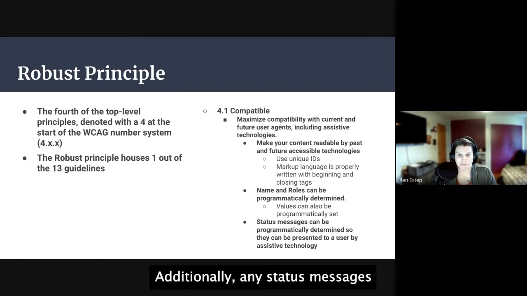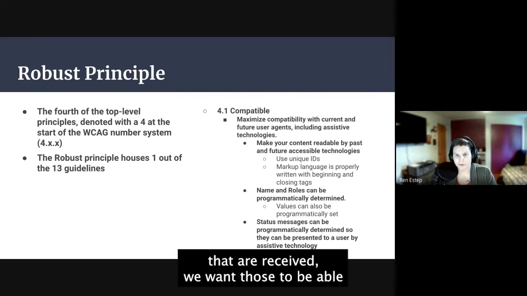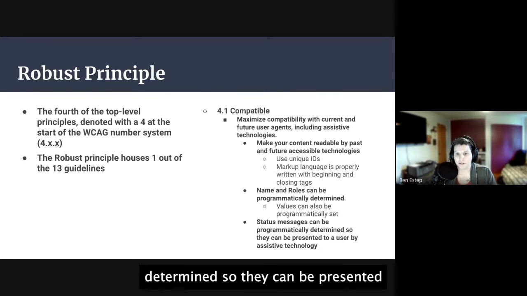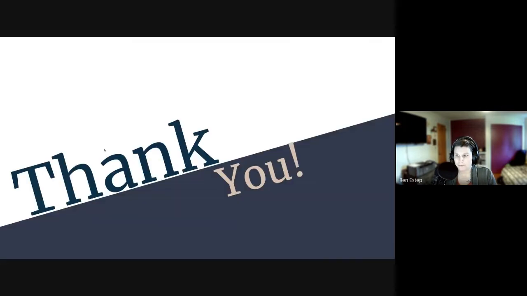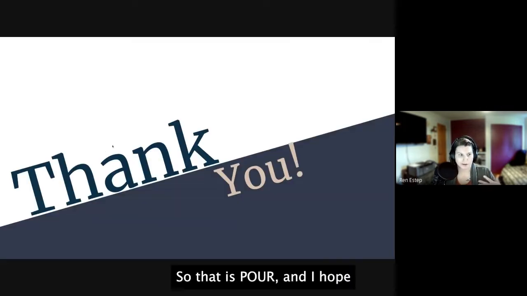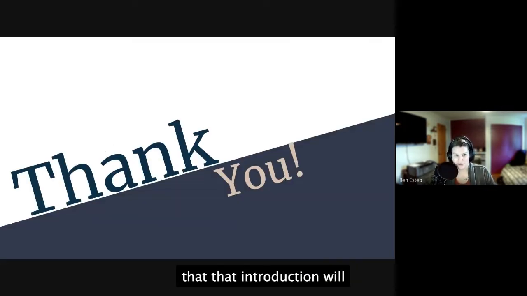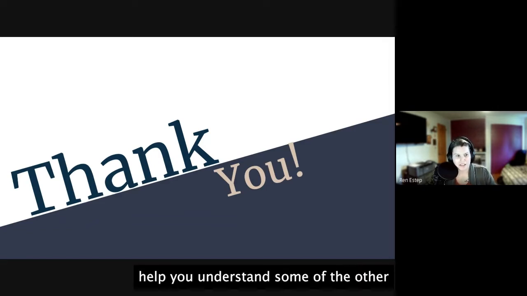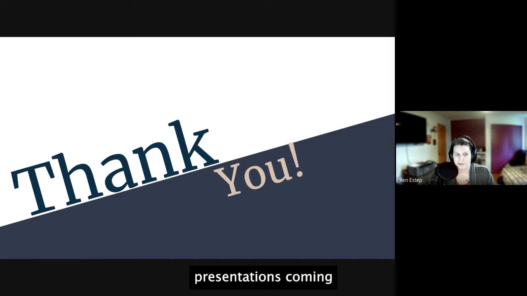Additionally, any status messages that are received, we want those to be able to be programmatically determined so they can be presented to our users by assistive technology. So that is POUR, and I hope that introduction will help you understand some of the other presentations coming up.